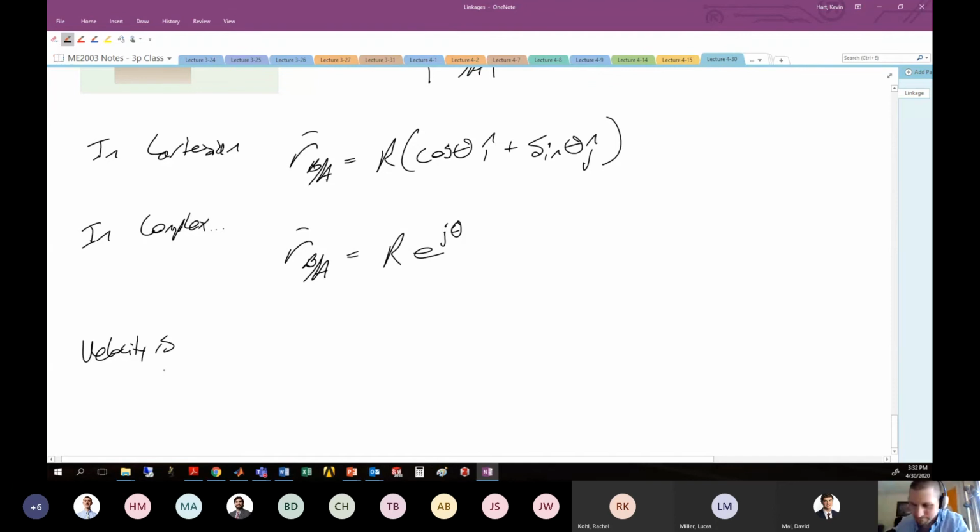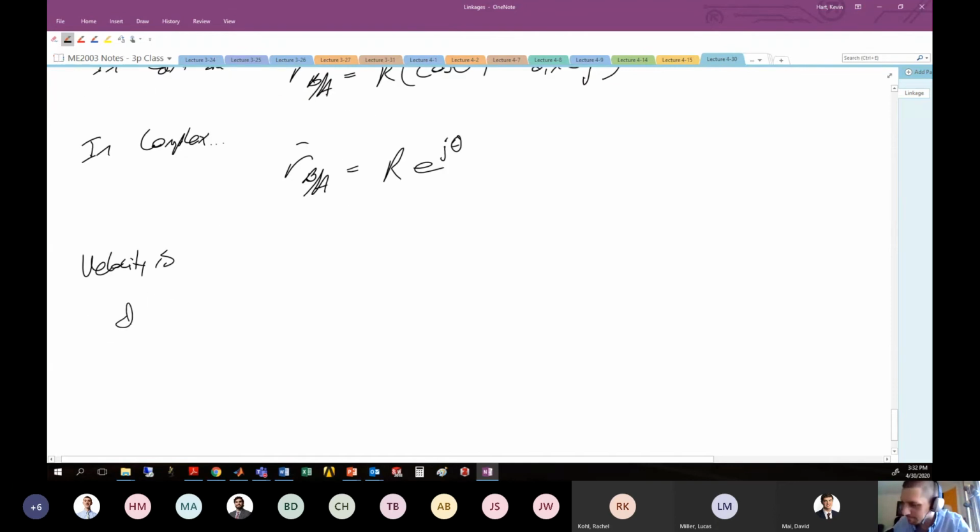So let's look at what the velocity is. It's the derivative of the position vector of B from A with respect to time. We showed with the chain rule before that this is the derivative of the position vector locating B from A with respect to theta, times the derivative of theta with respect to time. The derivative of the position vector with respect to theta is easy.